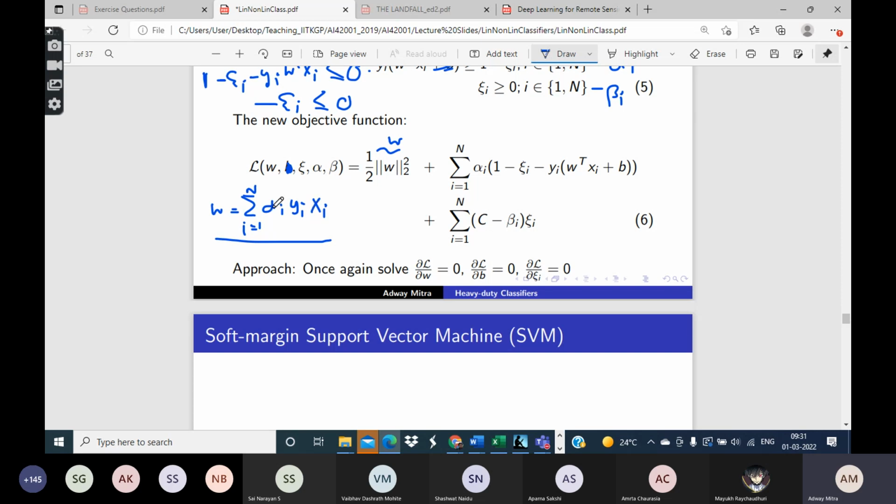The problem lies in the calculations of these alpha_i's. Also, of course, we have the additional xi_i's. So the calculation of w will not change, but the calculation of the alphas will change.